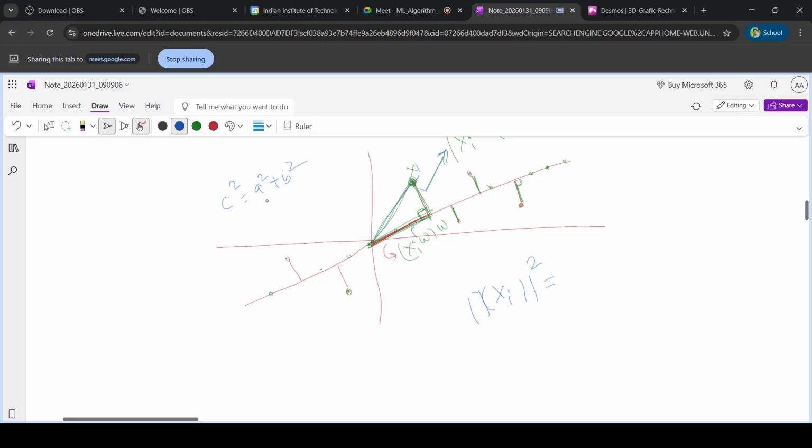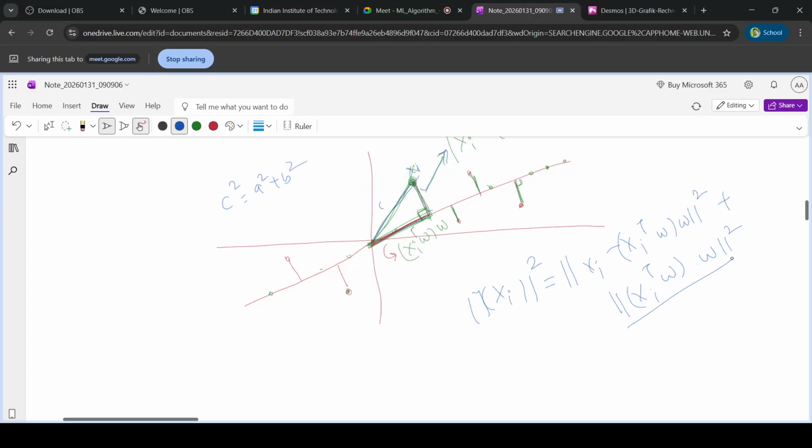So this is c, for example, and this is a and this is b. So c is xi, this distance. Xi square is equal to (xi minus xi transpose w into w) whole square plus (xi transpose w into w) whole square, because of this distance and this distance.